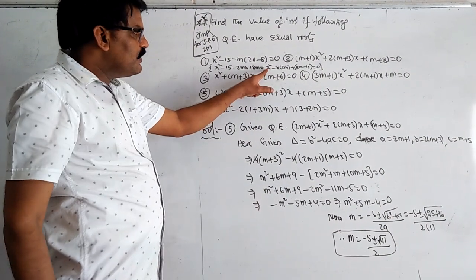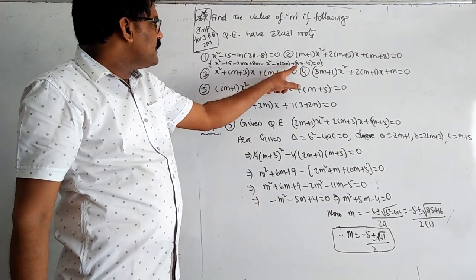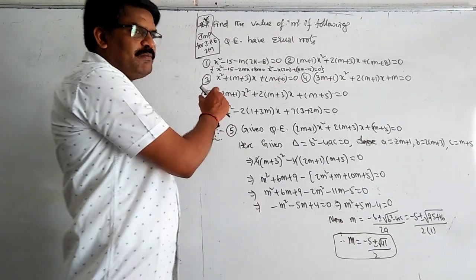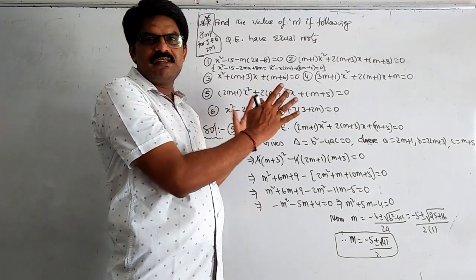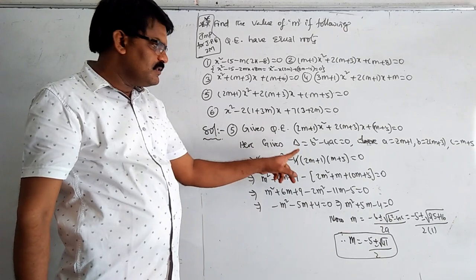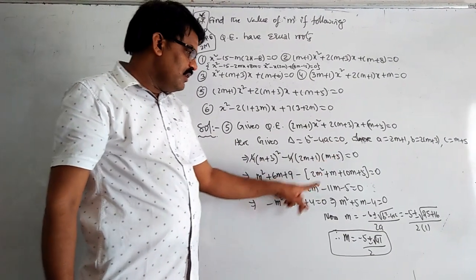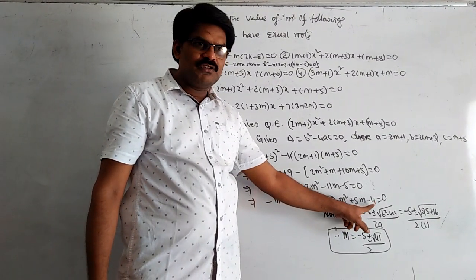So for this problem a is equal to 1, b is equal to minus 2m, whereas c is equal to 8m minus 15. So for every problem you have to simplify it in the form of ax square plus bx plus c, find the a, b, c values and put b square minus 4ac is equal to 0, and on solving we get a quadratic equation m square plus 5m minus 4 is equal to 0.